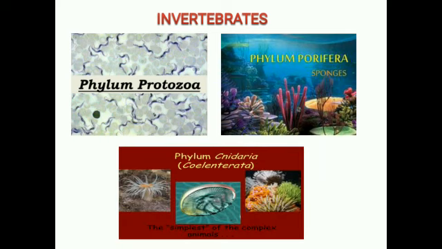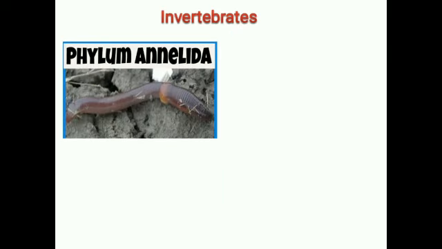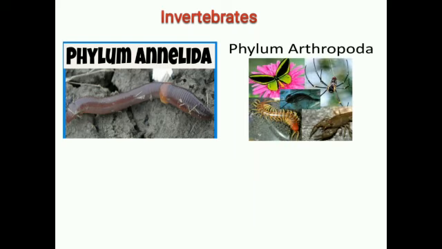Now the third one is phylum Coelenterata. They are aquatic, mostly marine invertebrates. The fourth one is phylum Annelida. They are segmented worms, and the earthworm is an example of phylum Annelida. Phylum Arthropoda is the largest group of the animal kingdom, and their bodies are divided into head, thorax and abdomen.